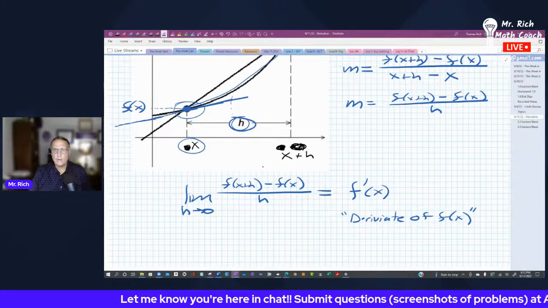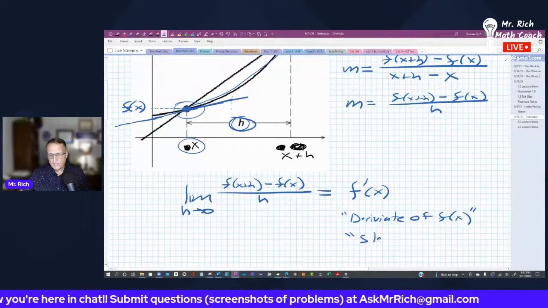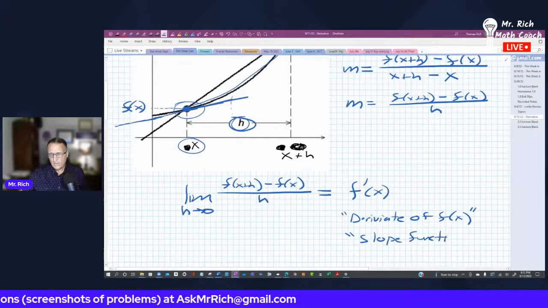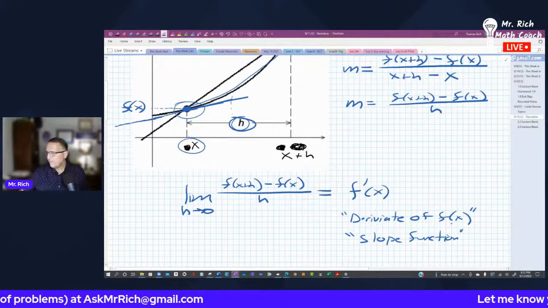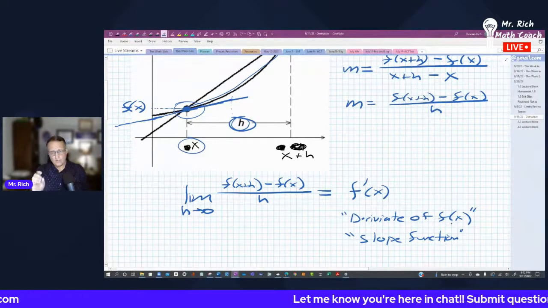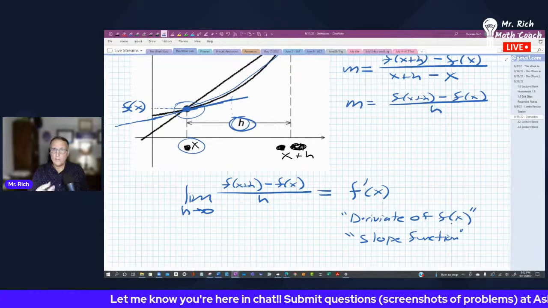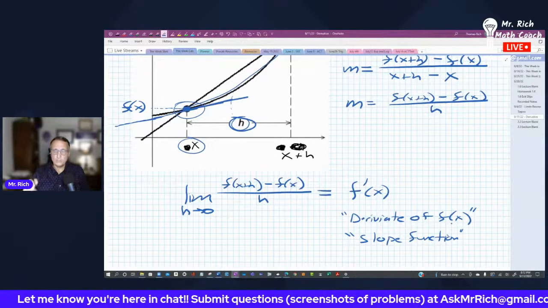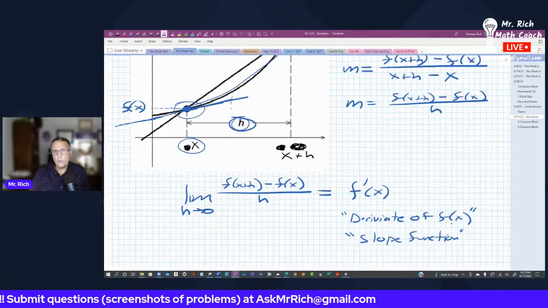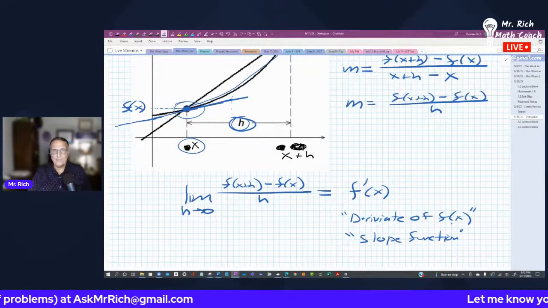That's what we call the derivative. So you could think of this f prime of x as the slope function, right? F of x gives me y values for my function. You give it an x, it'll spit out the y coordinate for that function. But if I take an x value and put it into its derivative function, it's going to return to me the slope of the tangent line of f of x at that particular x value.